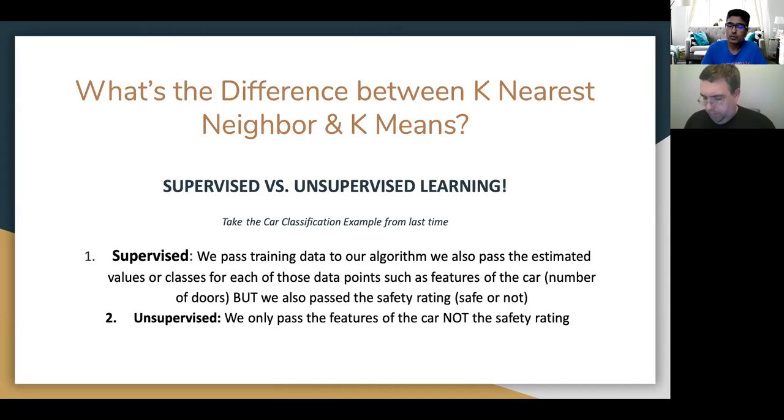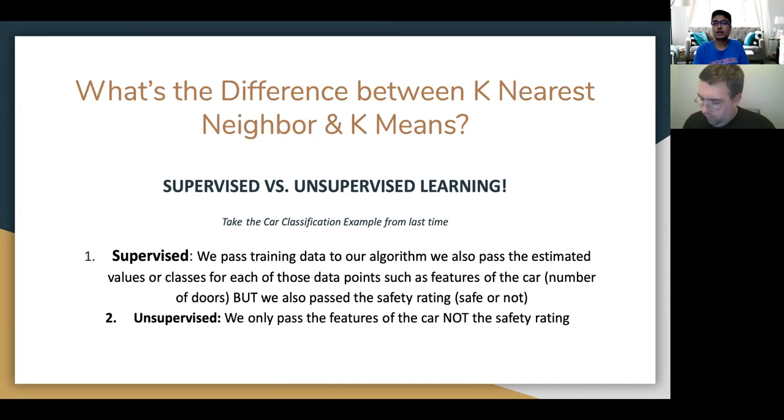So what we were doing was that we were passing in all of those features into the K nearest neighbor algorithm because we wanted to classify the car as safe or not safe. However, when we were doing that algorithm, we were also passing in the safety rating. So we knew beforehand if the car was safe or not safe.